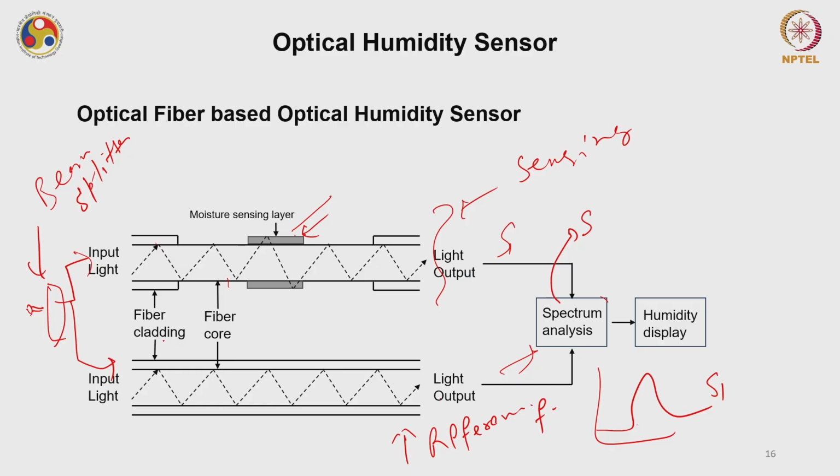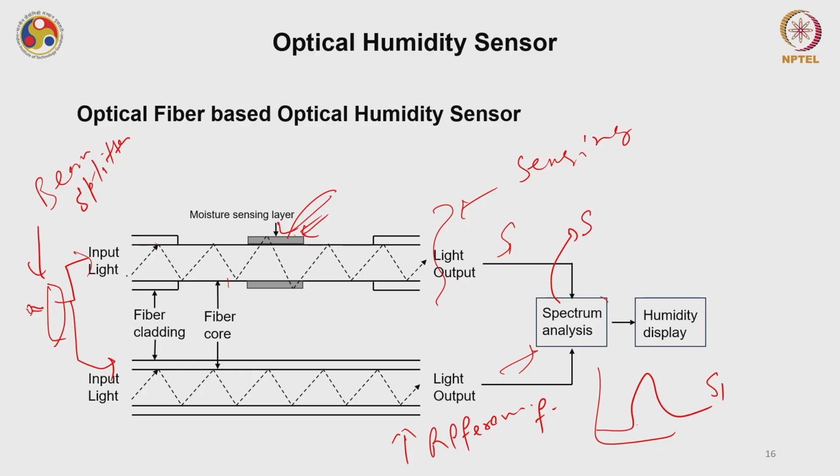You know that in this system, this cladding has lower refractive index as compared to this core. Now I have altered the refractive index of this moisture sensing layer, where this layer changes its refractive index with the absorption of humidity.